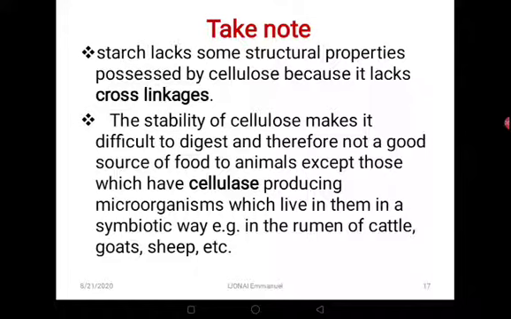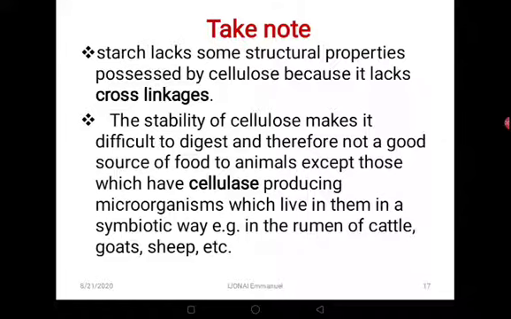The stability of cellulose makes it difficult to digest and therefore not a good source of food to animals, except those which have cellulose producing microorganisms which live in them in a symbiotic way, e.g. the ruminants, for example the cows, the goats and the sheep. For them, they can eat cellulose containing grass and leaves because they have cellulose secreting organisms that are found in their guts that secrete the enzyme cellulase.